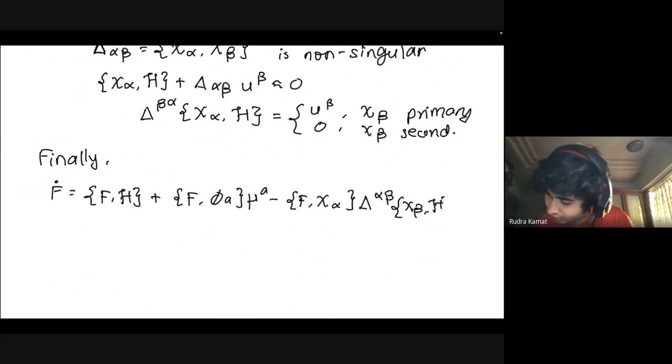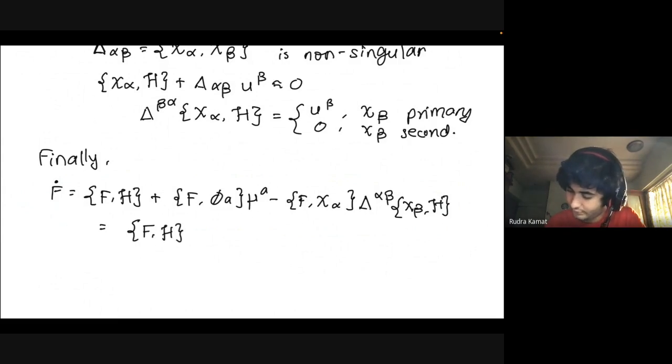Yeah, that's better. So that's the general time evolution. This can also be expressed as a Dirac bracket. This is what we call a generalized Dirac bracket.